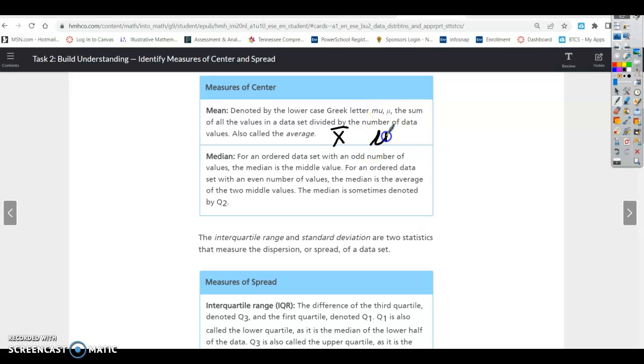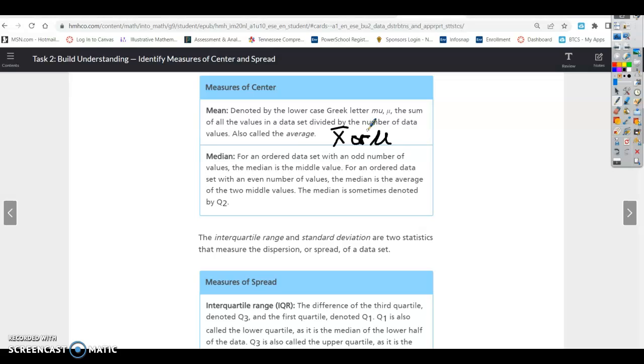But anytime you see other data, mu also represents your mean. So this or this. Make sure in your notes you have that, because I may show you how to use your calculator. So be familiar with x with the bar over it also representing your mean.